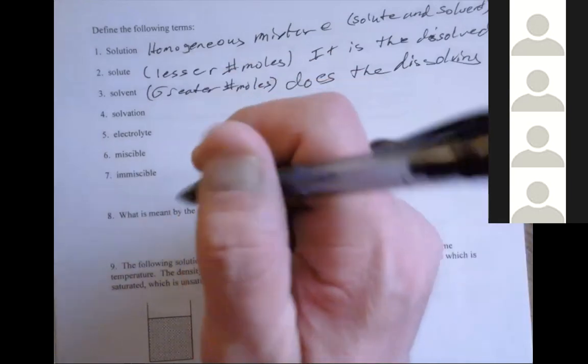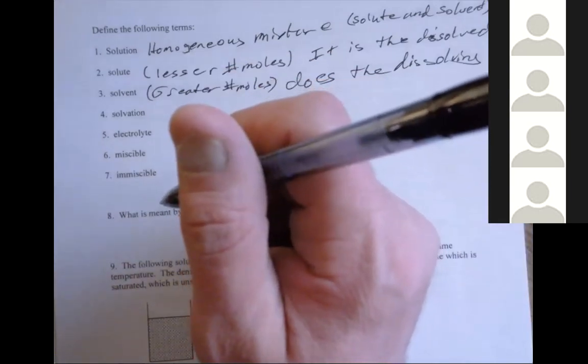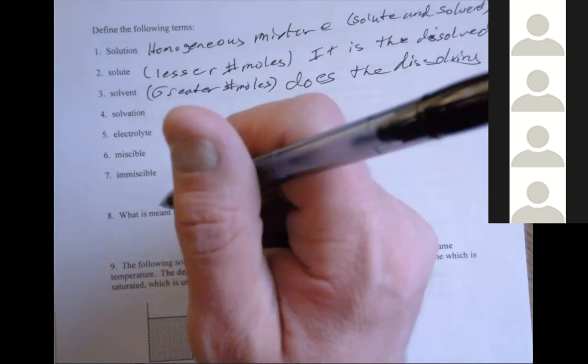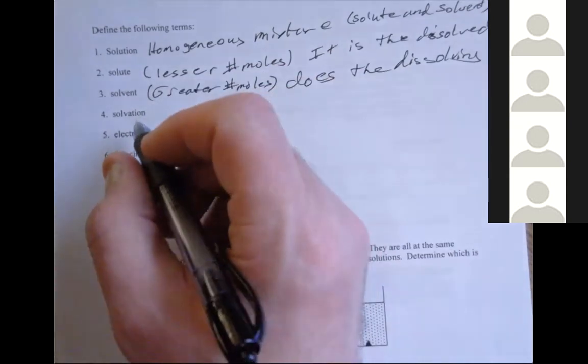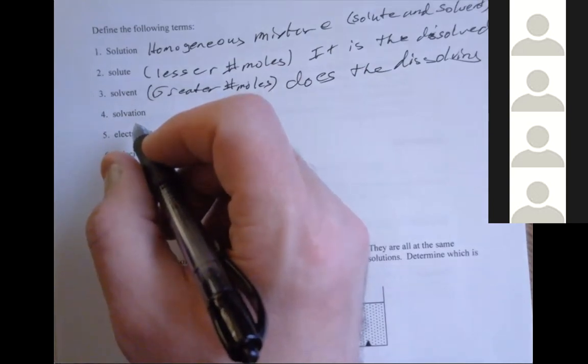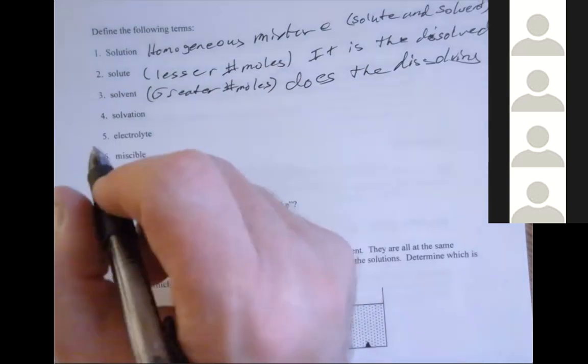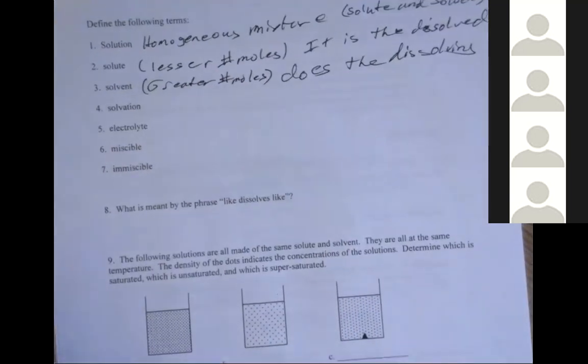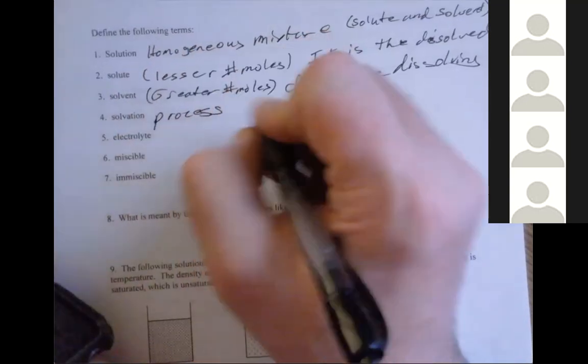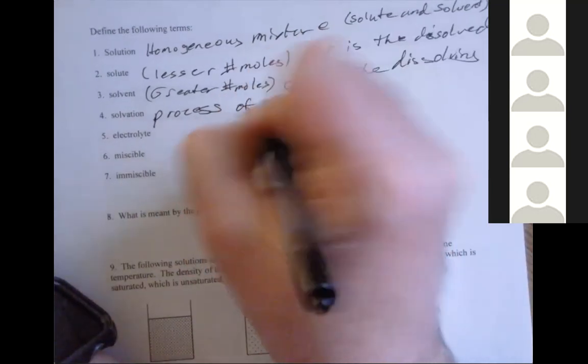Right, precipitation, solvation, evaporation. What do you think solvation is? Is it the process of like dissolving? You got it. The process. Scientists love processes. Solvation is the process of dissolving.